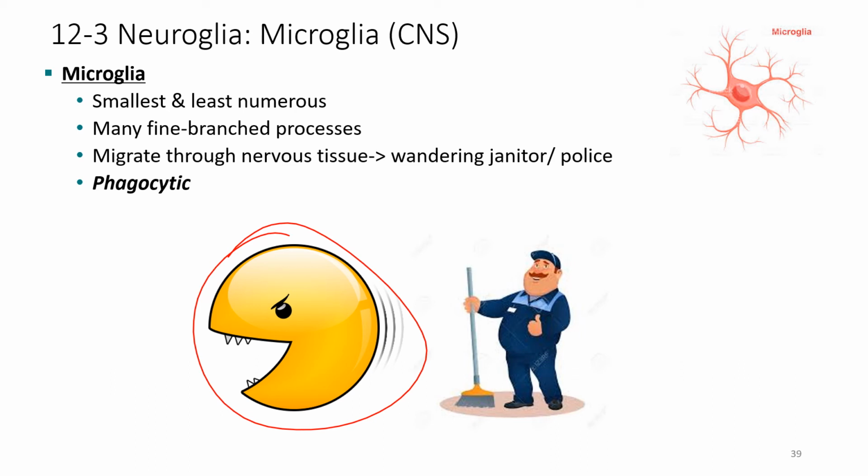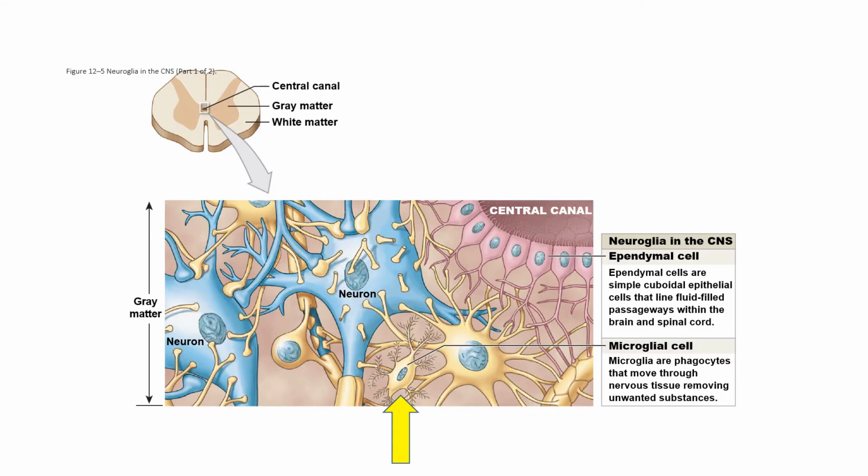And they originate from the same stem cell that produces macrophages and monocytes. Remember, macrophages were our big eater cells. So these cells are going to be kind of cleaning up our nervous tissue. And in this image here, you can see our microglia is this small cell with lots of fine processes.